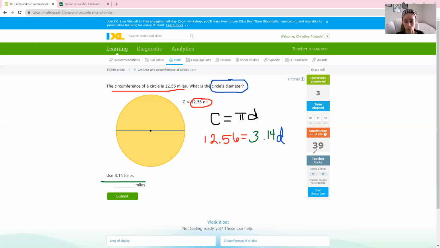Now we have a one-step equation that we're solving for D. Well, with one-step equations or any equations, remember when you move to the other side of the equal sign, you do the inverse. So we have 3.14 times D. The inverse of multiplication is division. So we will be dividing both sides by pi.